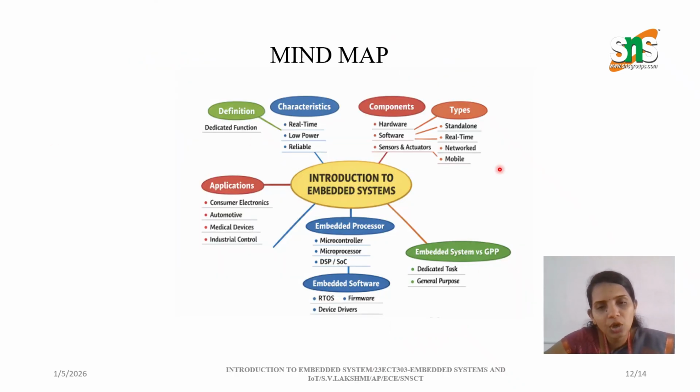So this is the overall summary of the introduction to embedded systems. What it is mainly intended for: a dedicated function, that is, a single task or specific function. Characteristics: real-time, low power, and reliable. The components, both hardware and software, combine to make the embedded system. We have standalone, real-time, networked, and mobile as the types of embedded system.